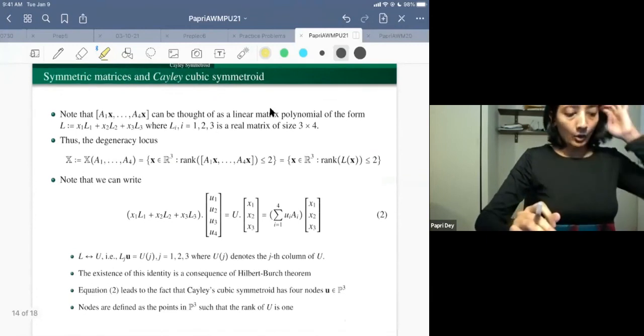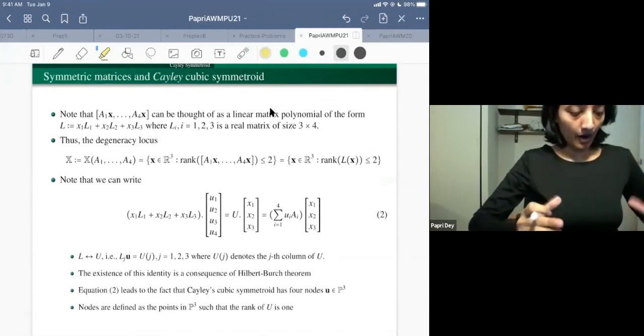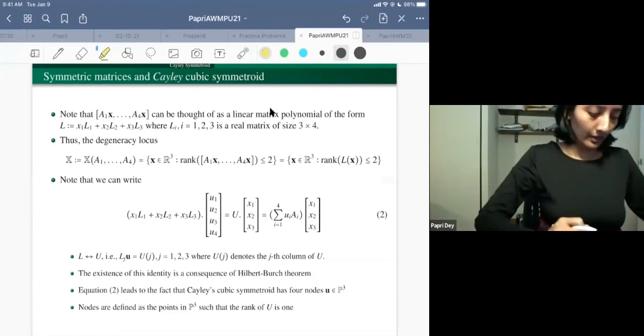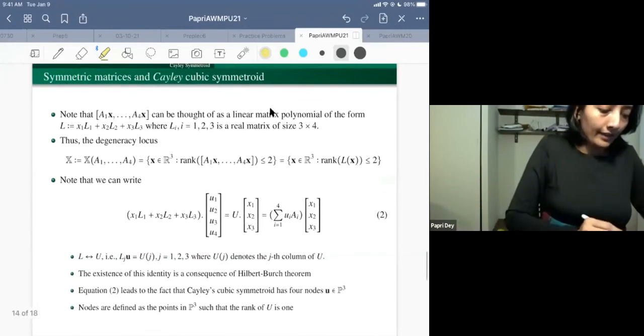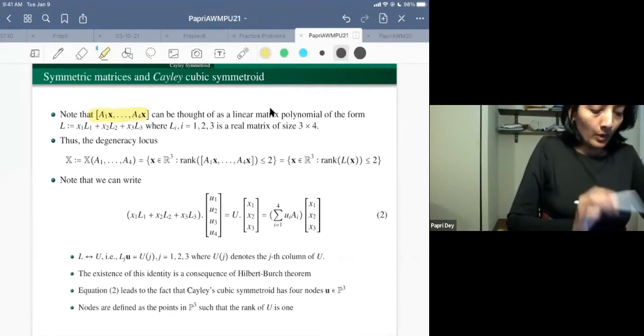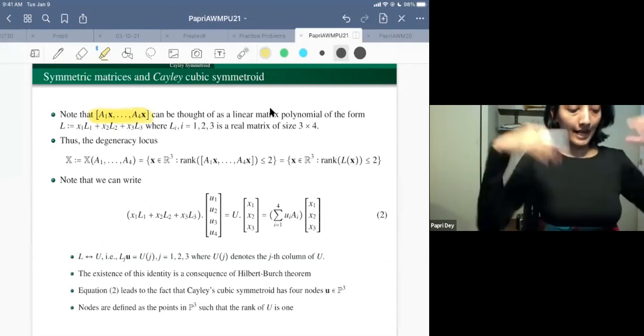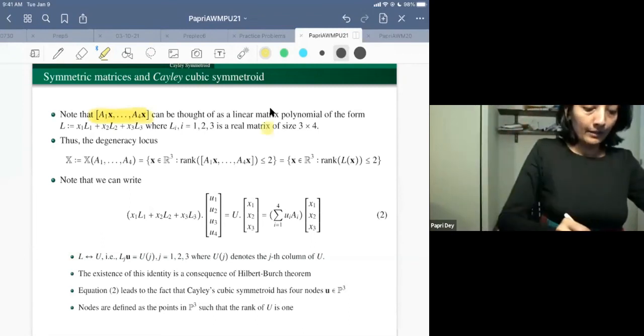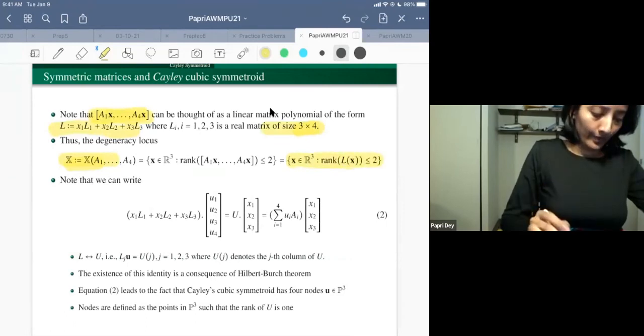So now we'll see how symmetric matrices are related to very real cubic symmetroids in this setup. If we have the matrix A1x to A4x, it can be expressed as a linear matrix polynomial of size 3 by 4, which is L. That means our degeneracy locus is nothing but the set of points where the rank of this linear matrix polynomial is less than or equal to 2.